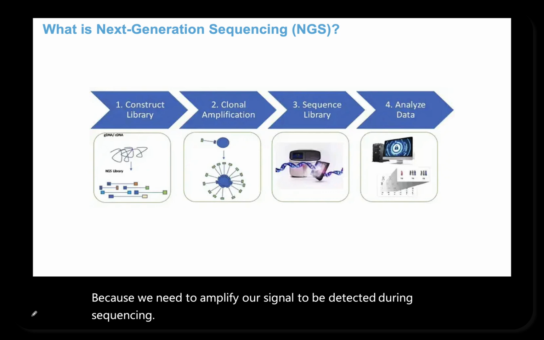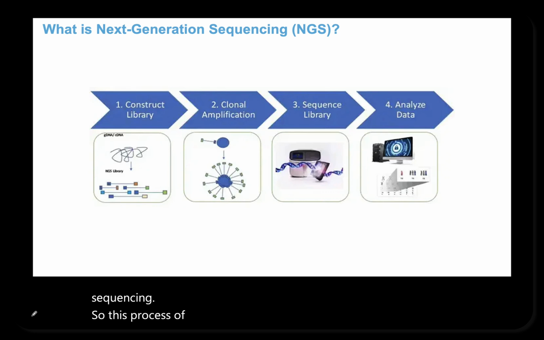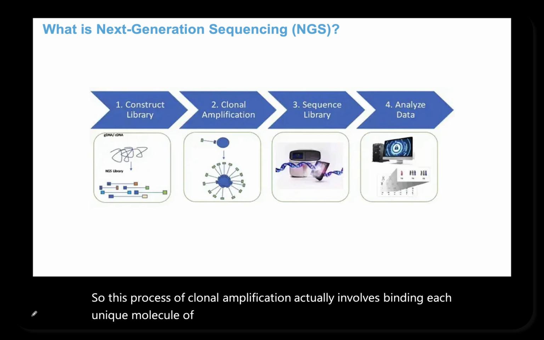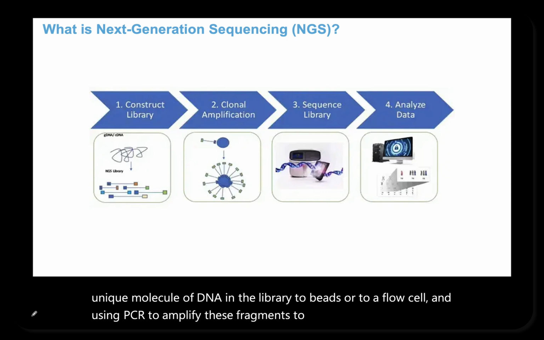So this process of clonal amplification actually involves binding each unique molecule of DNA in the library to beads or to a flow cell, and using PCR to amplify these fragments to create a cluster of identical clones.